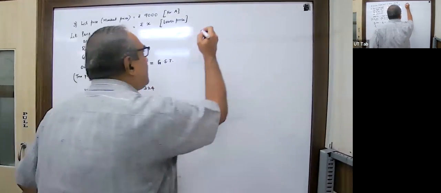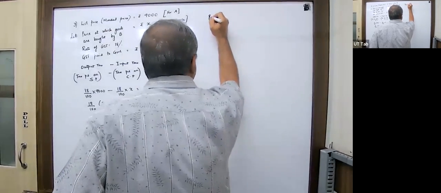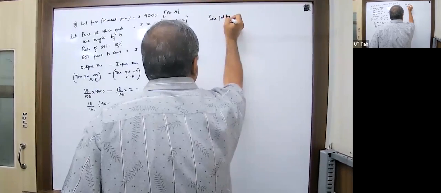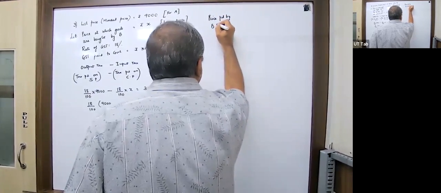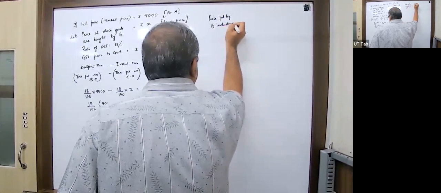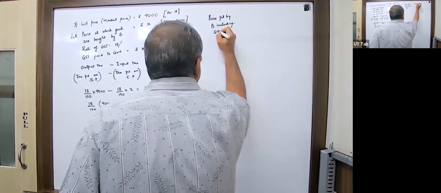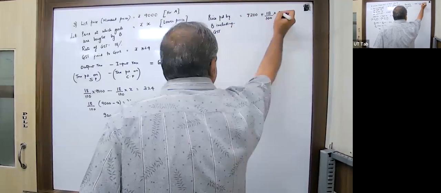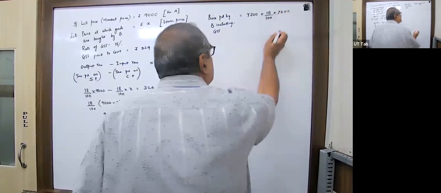So price paid by B including GST is how much? 7,200 plus 18% of 7,200.